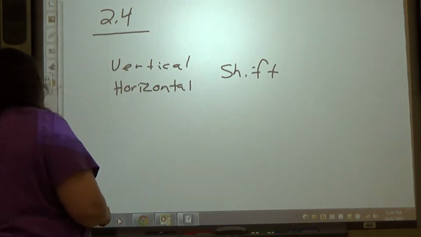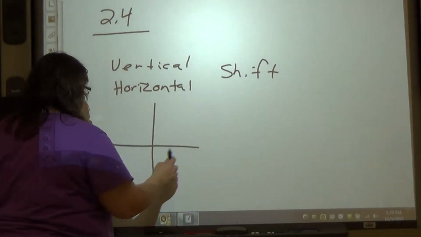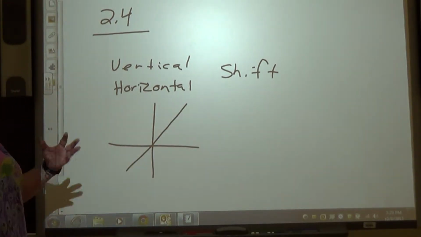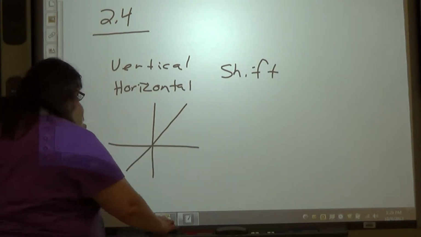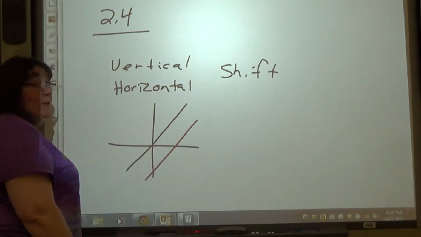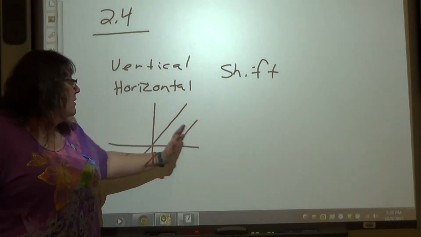Okay, so what this is when I have a graph, all right, say I have this graph here, all right? The horizontal shift is where you move it sideways, okay? So if I move this graph over this way, but the slope is the same, it's a parallel line, that is a horizontal shift, okay?